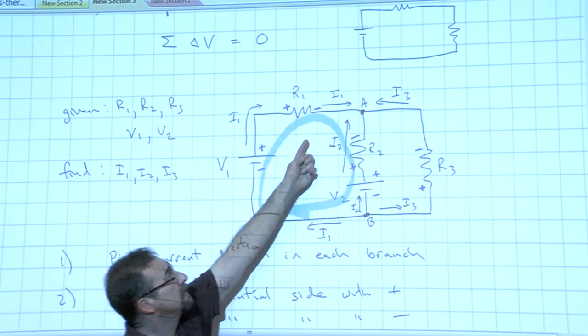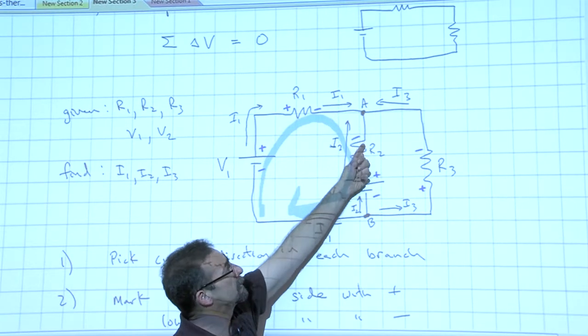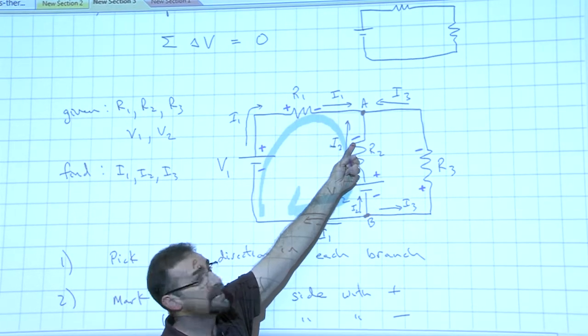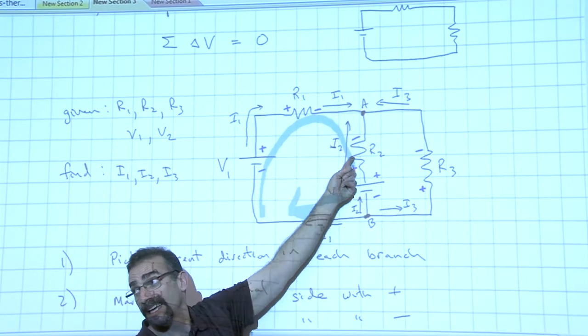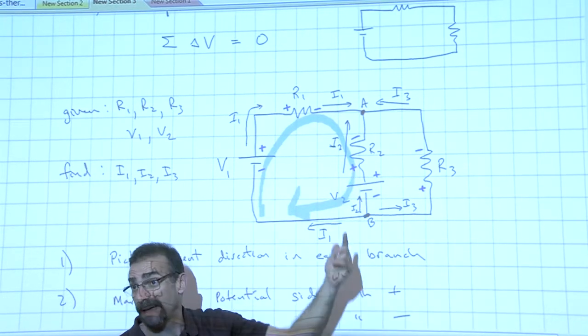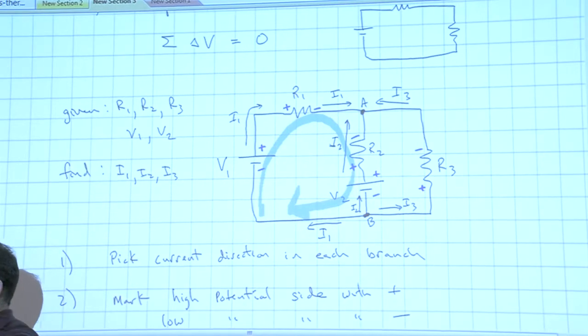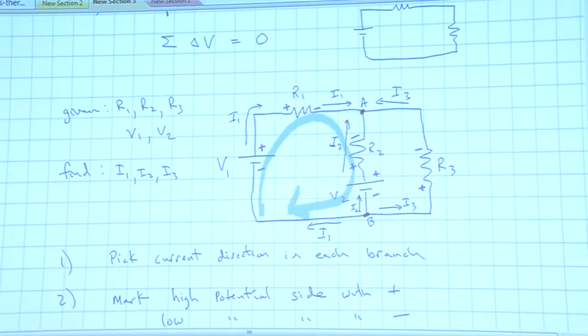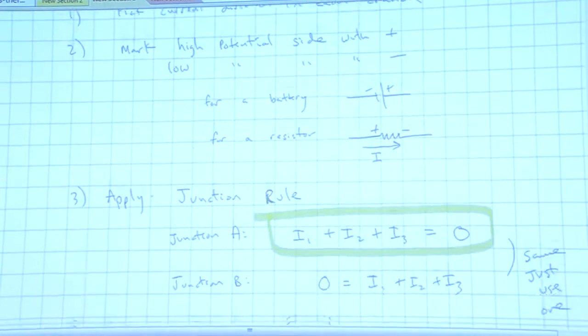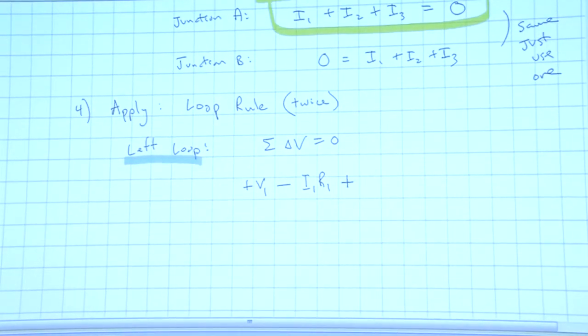Now, I keep coming along, and I get to R2. And I'm going in the low side, and I'm coming out the high side. So I'm actually rising in voltage as I go through R2 because I'm going against the current. So this is a rise of I2 times R2. So I go plus the current in that resistor times the resistance, I2 R2. So those are different I's and different R's.